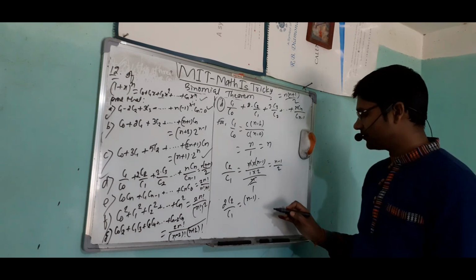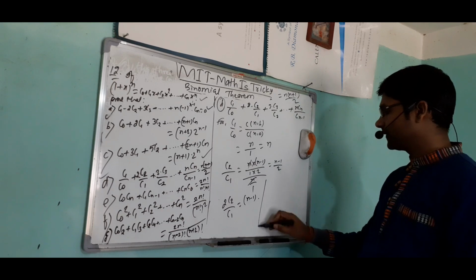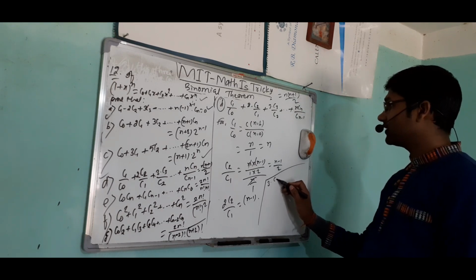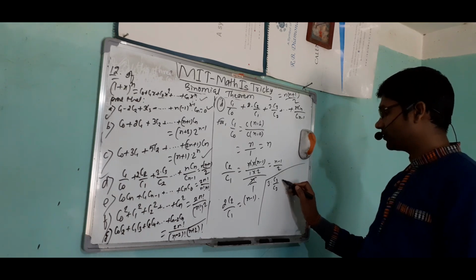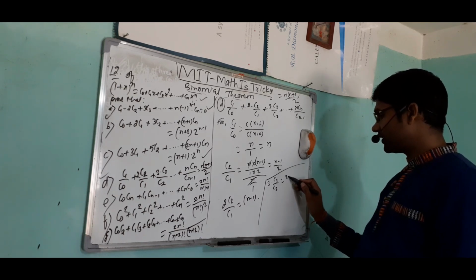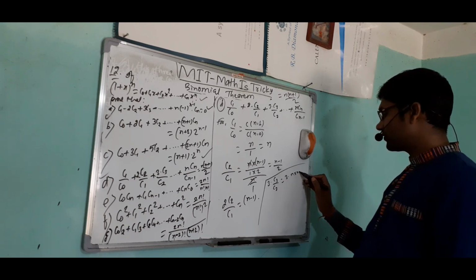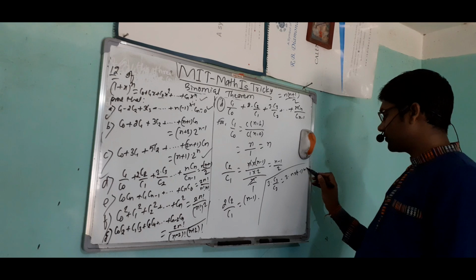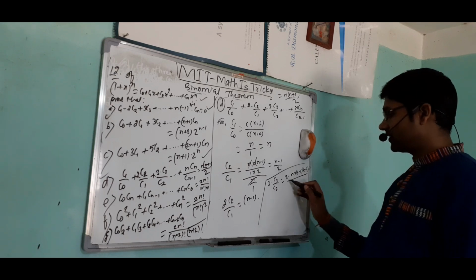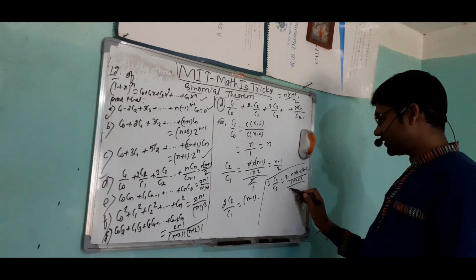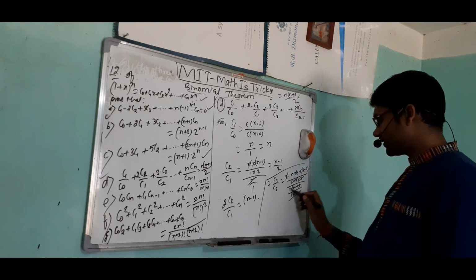Let's see what is the value of 3 times C3/C2. For this I have already given the formula, so the shortcut method is n(n-1)(n-2), three steps, over 1·2·3, divided by n(n-1) over 1·2. So 1·2 cancels, 3 and 3 cancel, n(n-1) cancels.